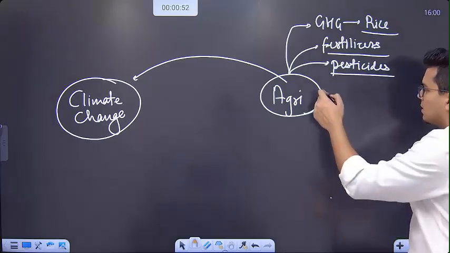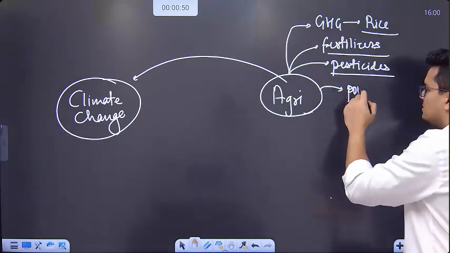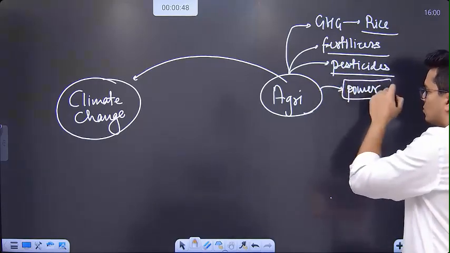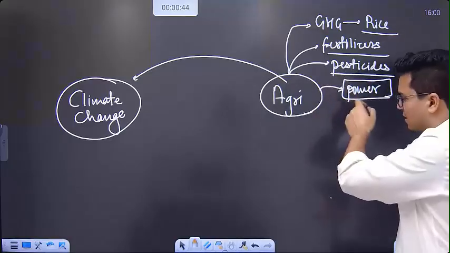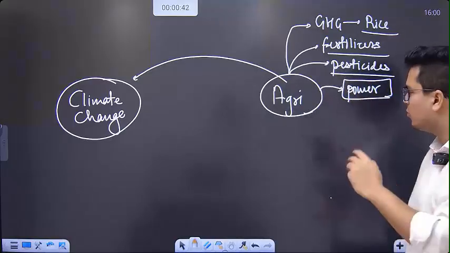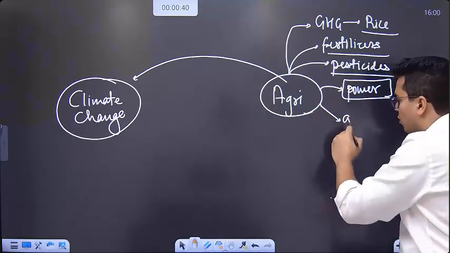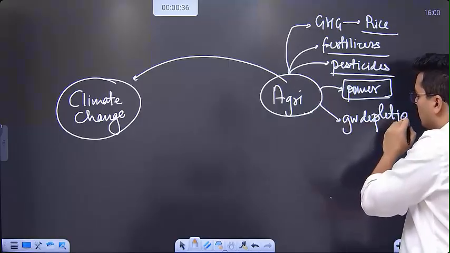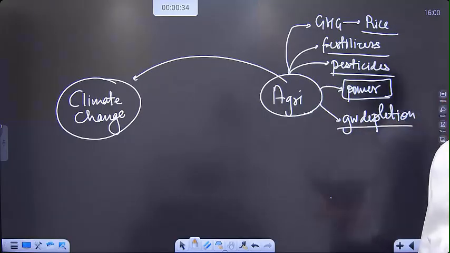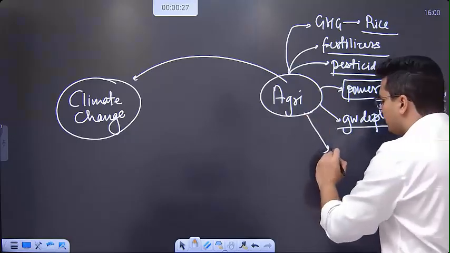Good. Power subsidies is something we just read about. So power being used in agriculture, where is that power coming from? How is it being generated is a problem. There is a problem of groundwater depletion. Very good. The idea of stubble burning.